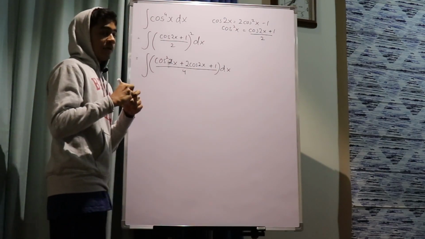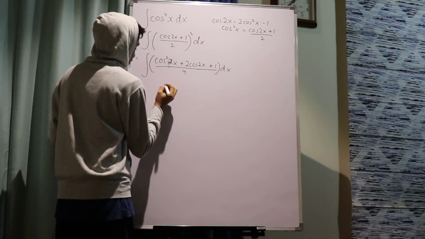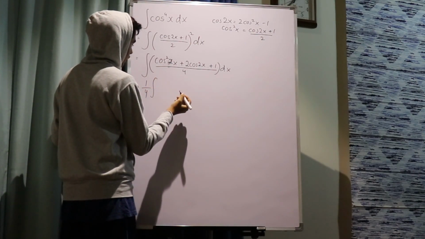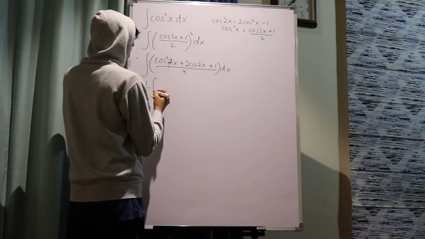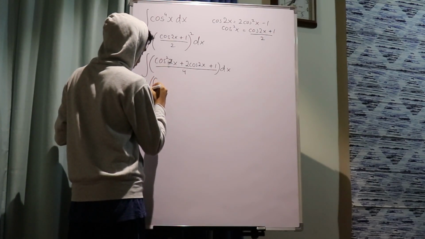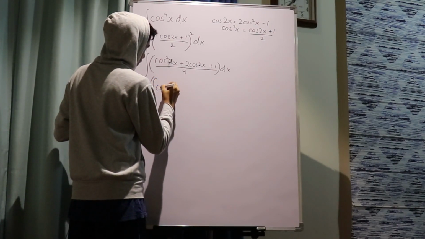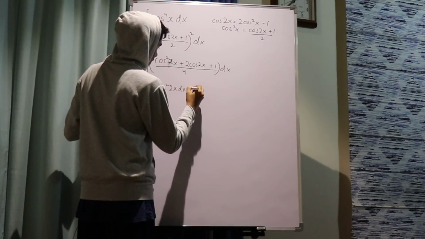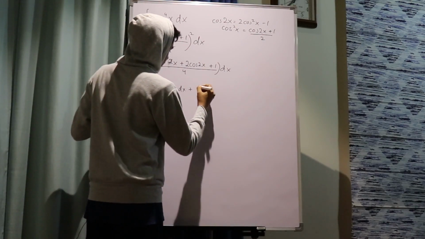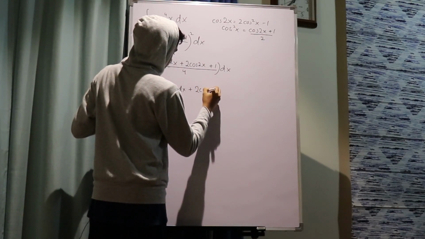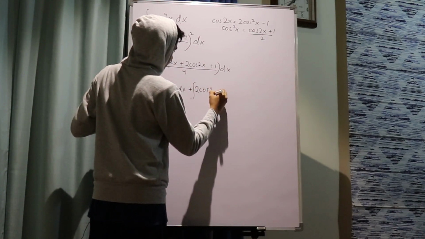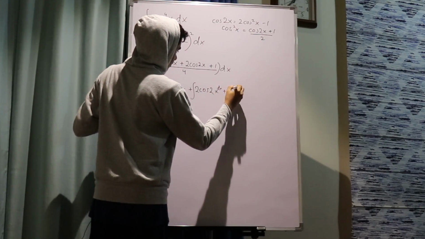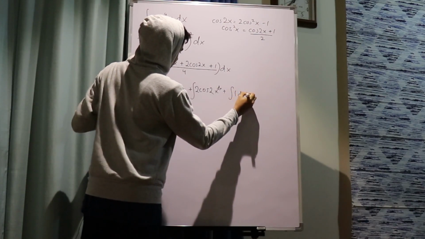So this can be written as, we take 1 over 4 out because it's a constant, so it'd be 1 over 4 times the integral of cos square 2x dx plus the integral of 2 cos of 2x plus the integral of 1 dx.